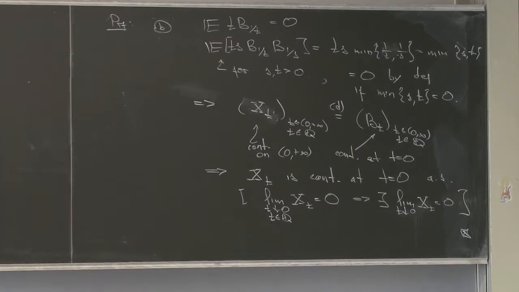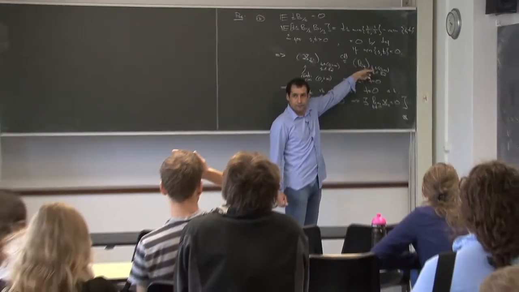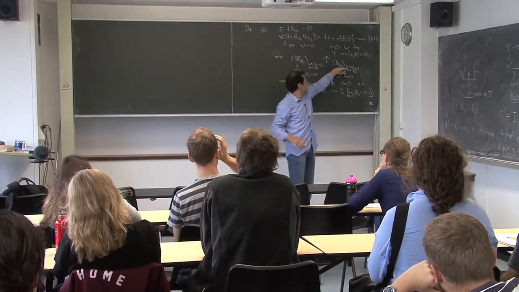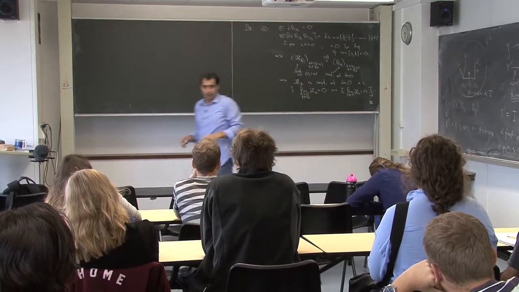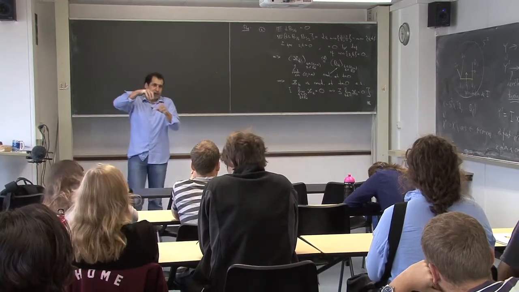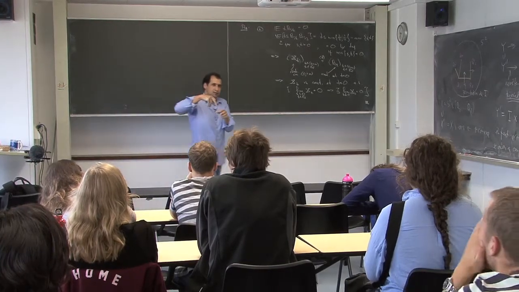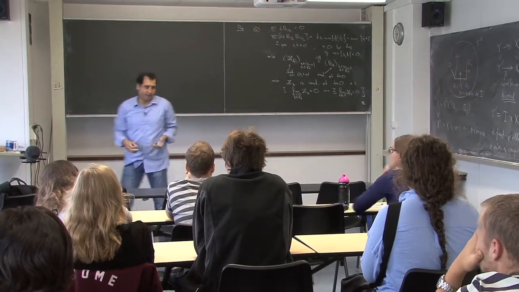Why is the limit over rationals 0? Because I know that they're identically distributed. I just constructed them over the set of rationals, and I know this for B_t, because B_t is the standard Brownian motion. And then I have a continuous function which tends to 0 along rationals. The only option is that it has a fair limit.